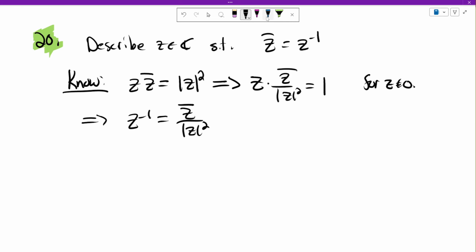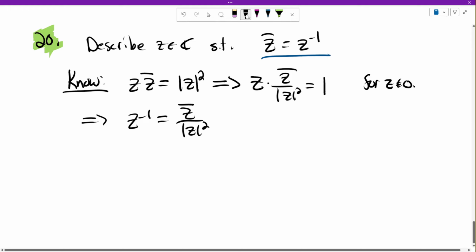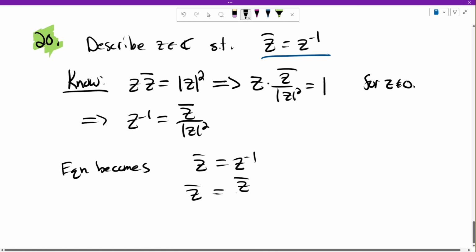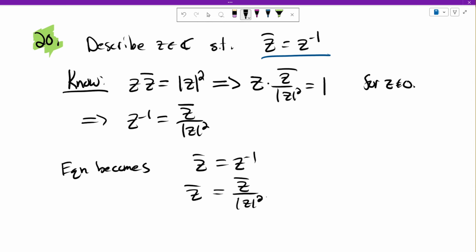So, if we look at our equation, underlined in blue up there, it started off as Z bar is Z inverse, but we can rewrite that as Z bar is Z bar over modulus Z squared. Now again, this equation does not make sense if Z is 0, so Z is non-zero here.